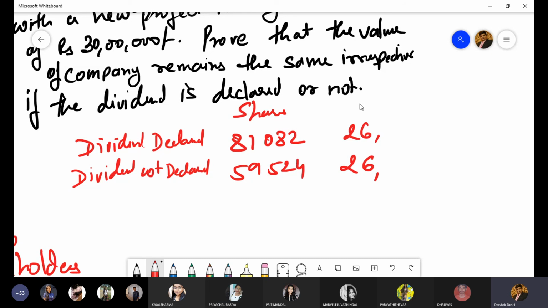If you can give me figures again. 26 lakhs 80,014 for the first case.